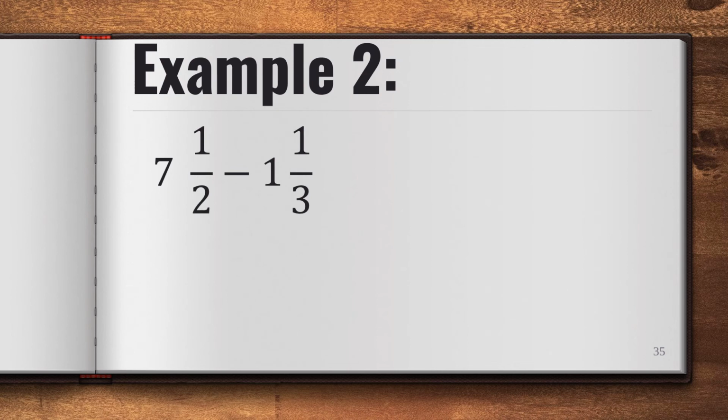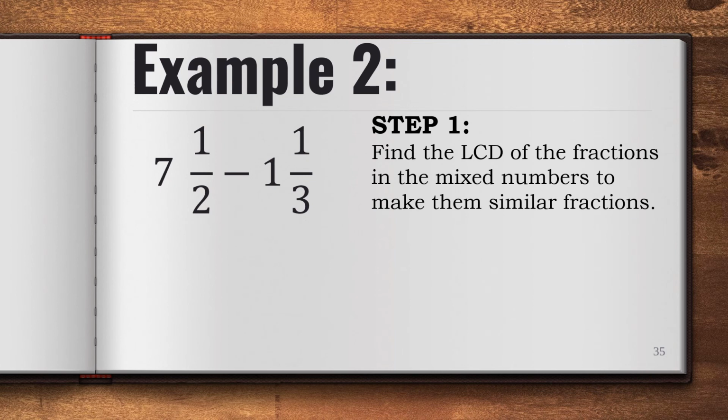So for number 2, the given is 7 and 1/2 minus 1 and 1/3. Again, obviously, we do not have similar fractions. So for step 1, we are going to look for the LCD of these fractions to make them similar fractions. The LCD of 2 and 3 is 6.